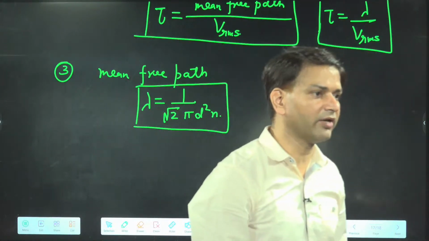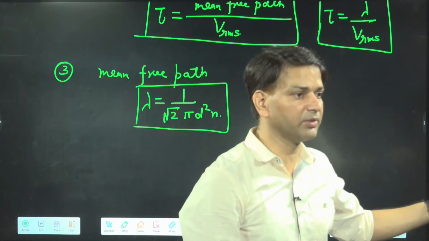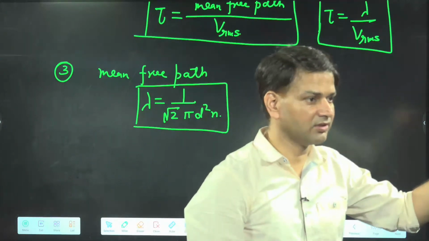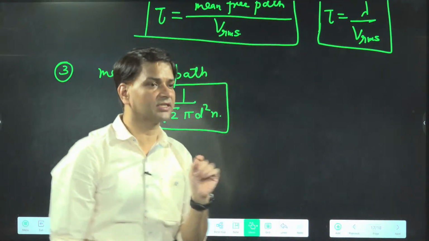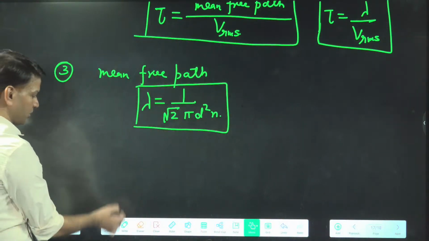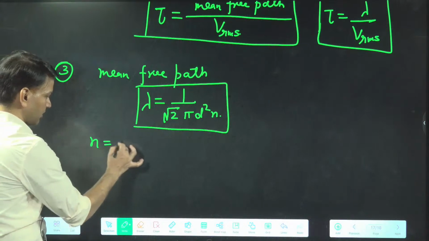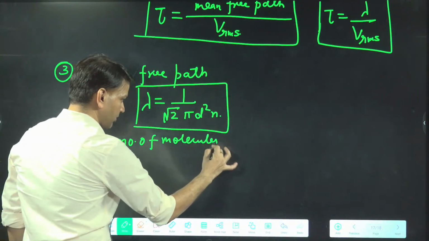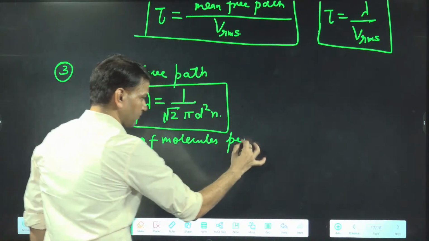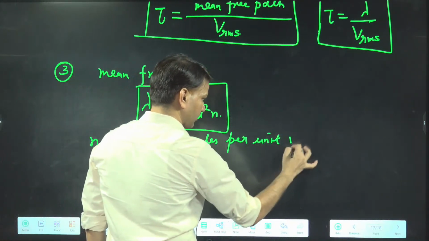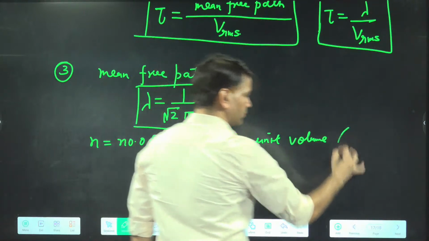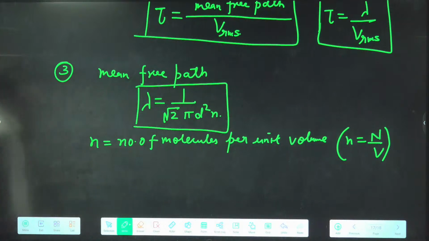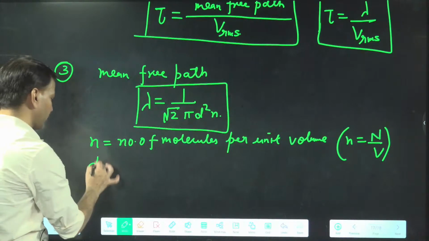When we are using the small n, I also gave the two examples for the free path: one is the drift current and the second one is this. Remember, when I am using the small n it is the number of molecules per unit volume. So small n is the capital N by V. And d is the diameter of the molecule.